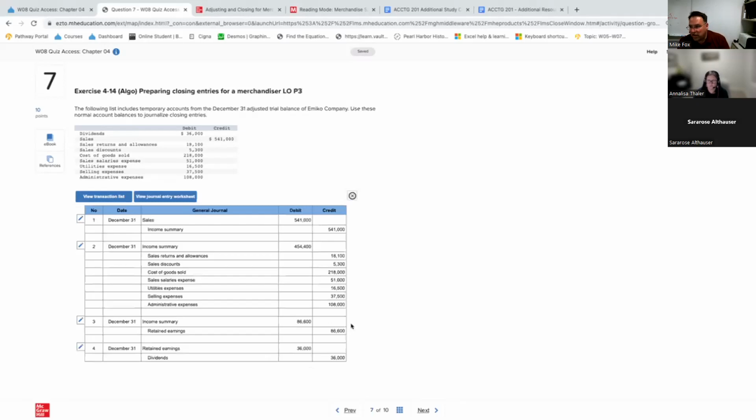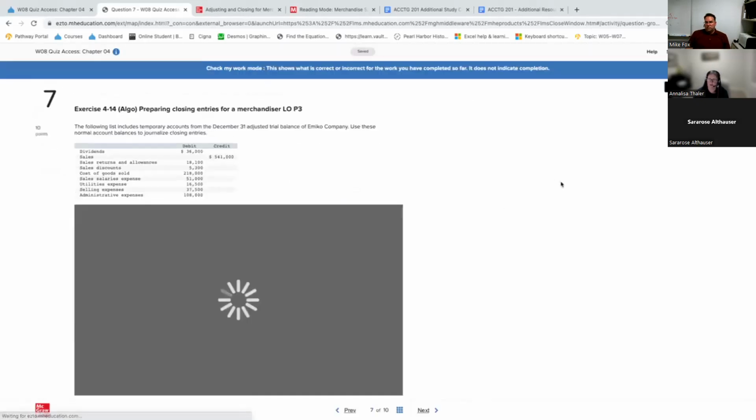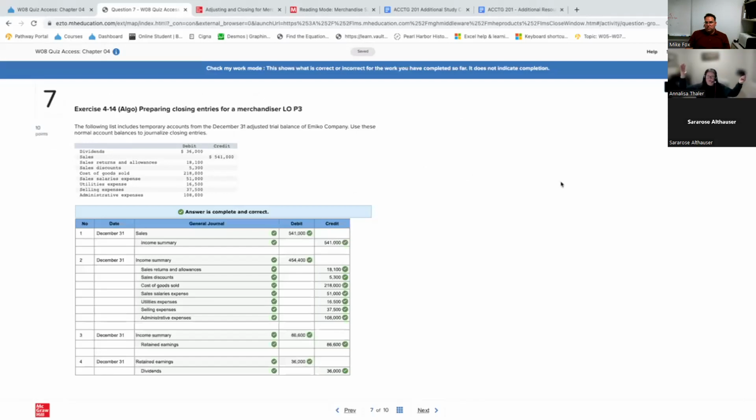So closing the dividends will reduce our retained earnings, and the net income will increase our retained earnings. Right. Okay. I think that all makes sense.